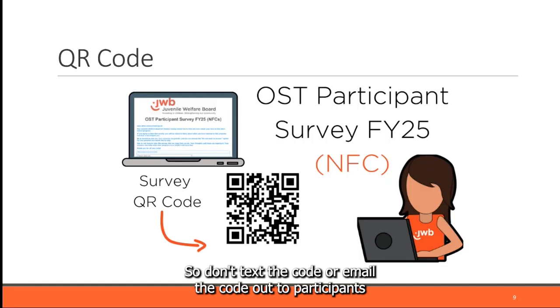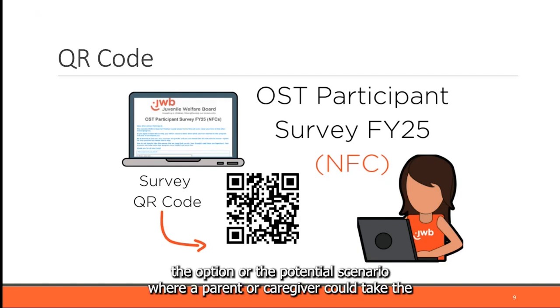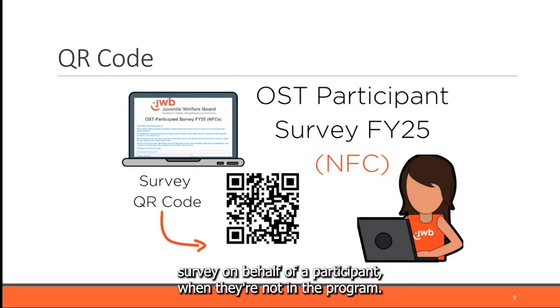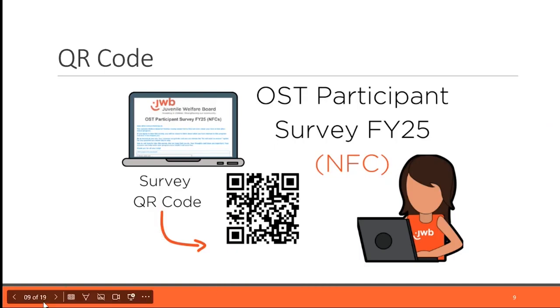So don't text the code or email the code out to participants, because we want to avoid the scenario where a parent or caregiver could take the survey on behalf of a participant when they're not in the program. Just make sure that participants are only taking the survey while they're attending your program.